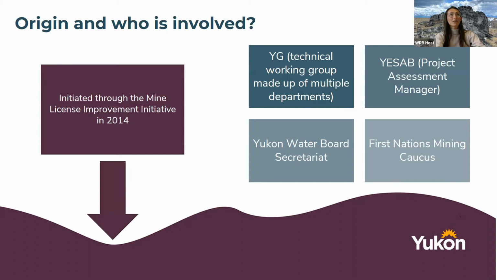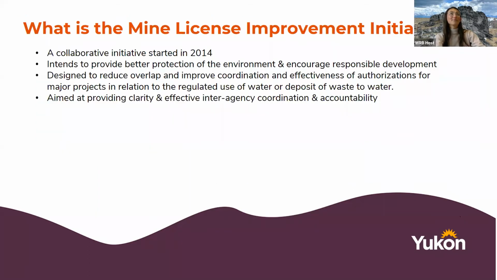So a bit more on the Mine License Improvement Initiative, which we call MLI. It was started in 2014, as I said, and it intends to provide better protection of the environment and encourage responsible development. It is also designed to reduce overlap and improve coordination and effectiveness of authorization of major projects in relation to the regulated use of water or deposit of waste into water.